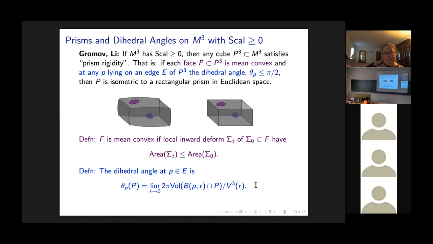Yeah. And when you say for every prism, you mean that you are considering basically a partition of your space in smaller... no partitioning. Given any point, if at every single point, if you could make a cube about that point that satisfies these two conditions, then it has to be a flat Euclidean prism.